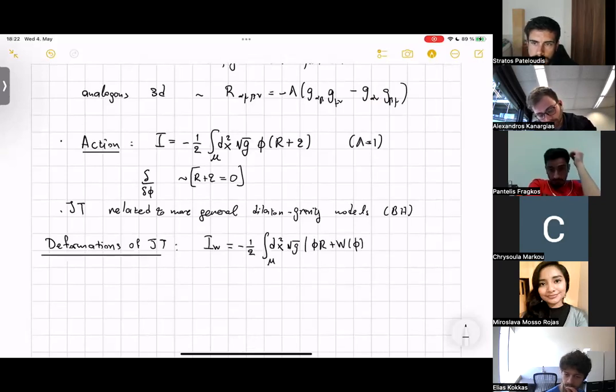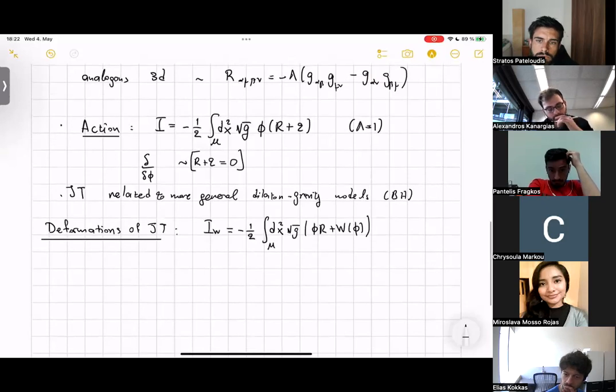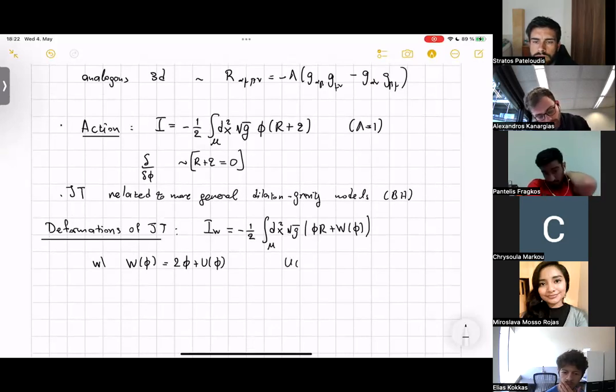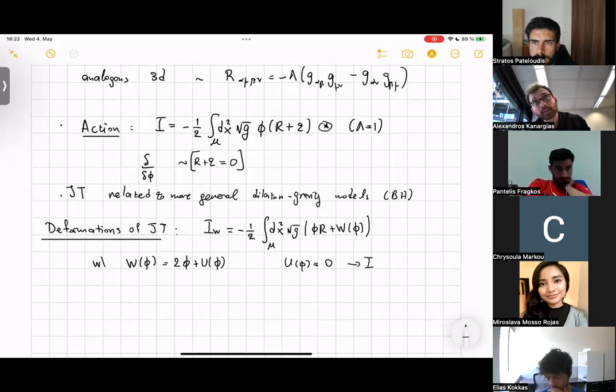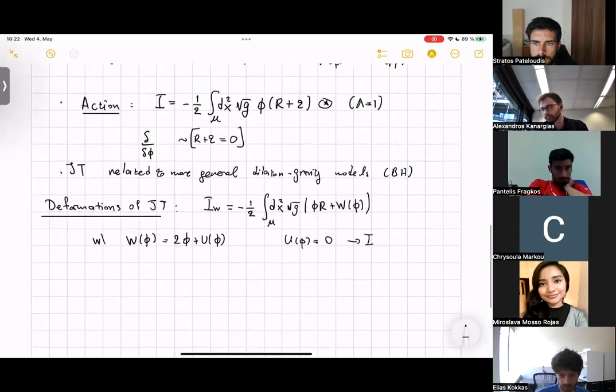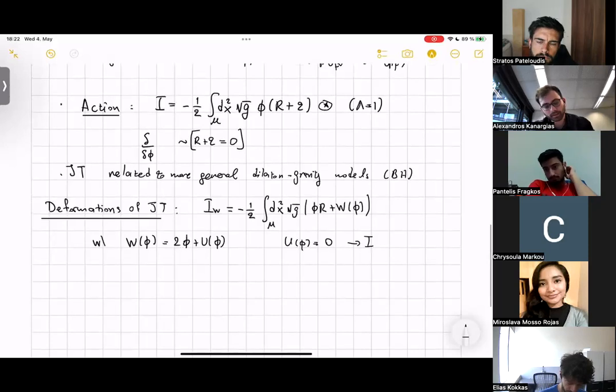So in general, you can write it like this. We have phi R plus some general potential W of phi, with W of phi equals phi plus some U. And you see now, if I put U of phi equals 0, I get this here.